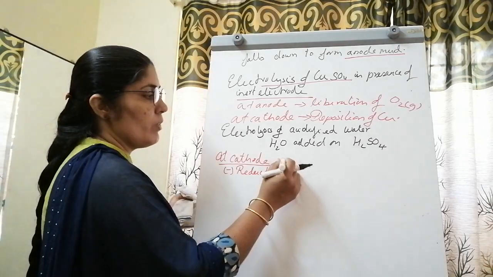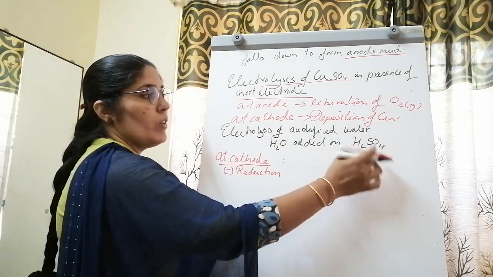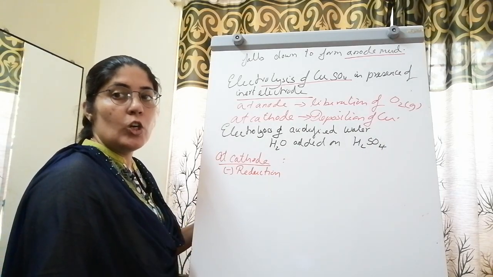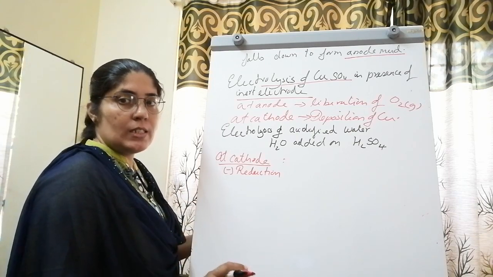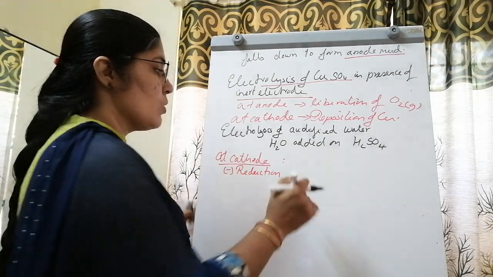Now when you take water, it is divided into H+ and OH- ions. When you take sulfuric acid, it is divided into H+ and SO4 2- ions. So the cation formed, H+, is the same here. So this is the reduction reaction that is going to take place here.